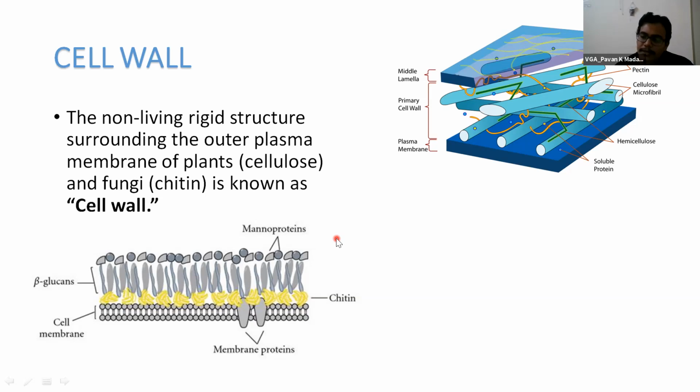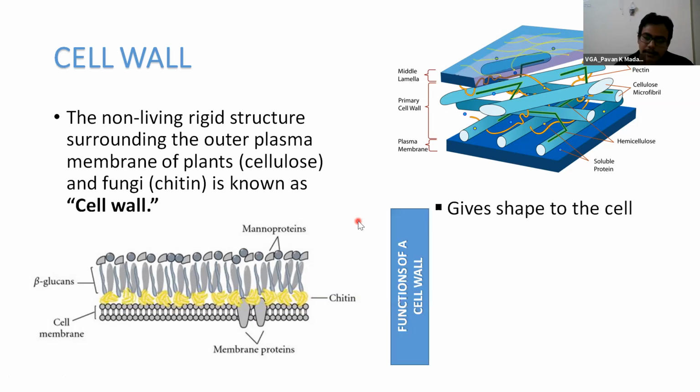The protein which binds to carbohydrates is called a glycoprotein. The protein which binds to lipids is called a lipoprotein. So these names are all quite easy.